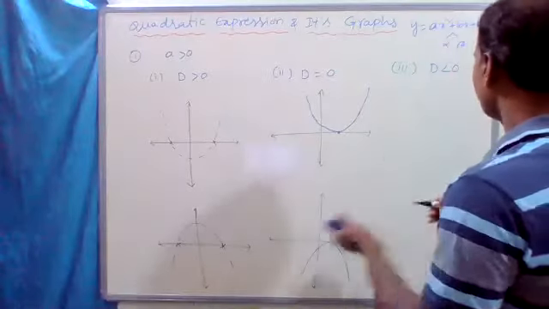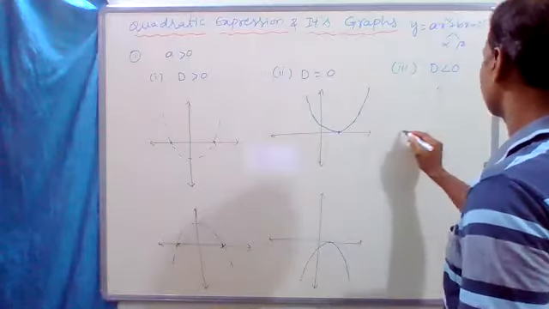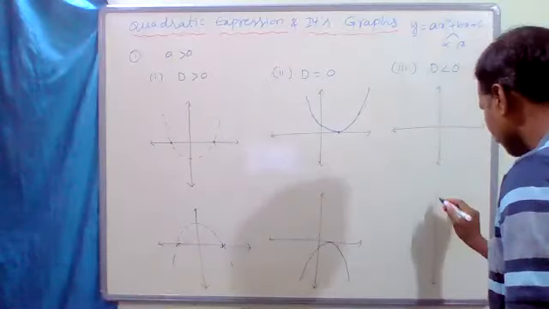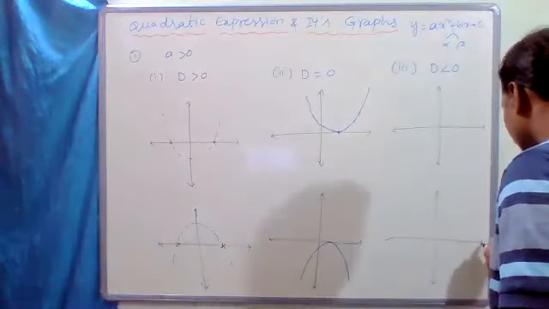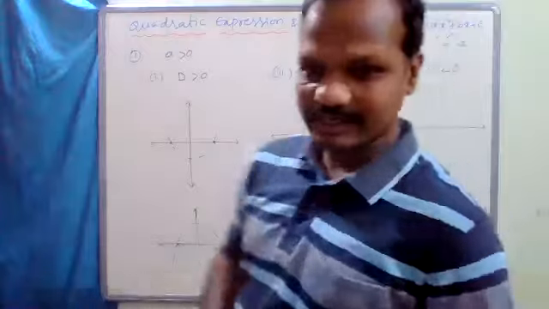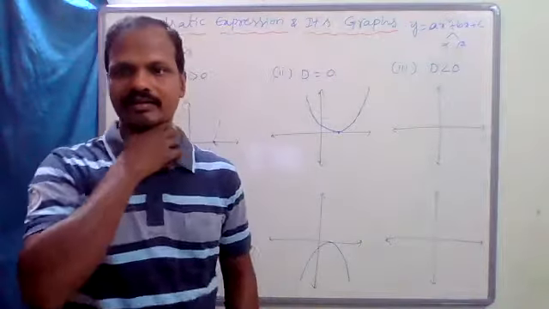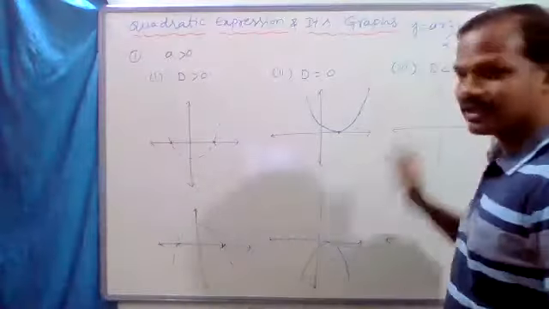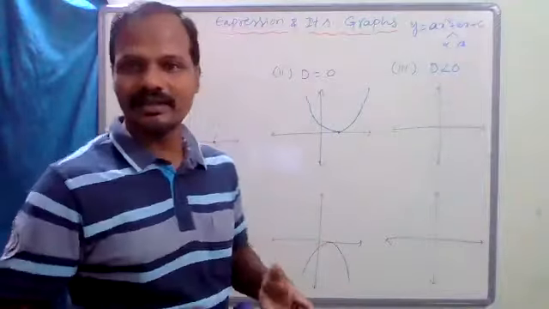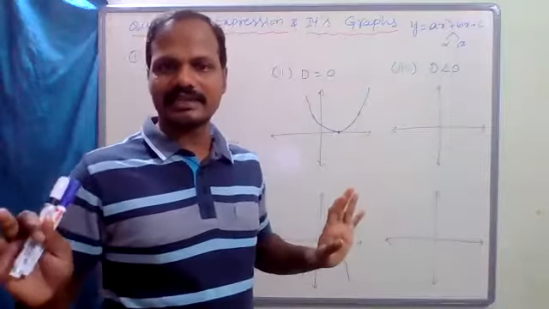Now D less than 0. D less than 0 means the roots are imaginary. Imaginary means the graph does not meet the x-axis.